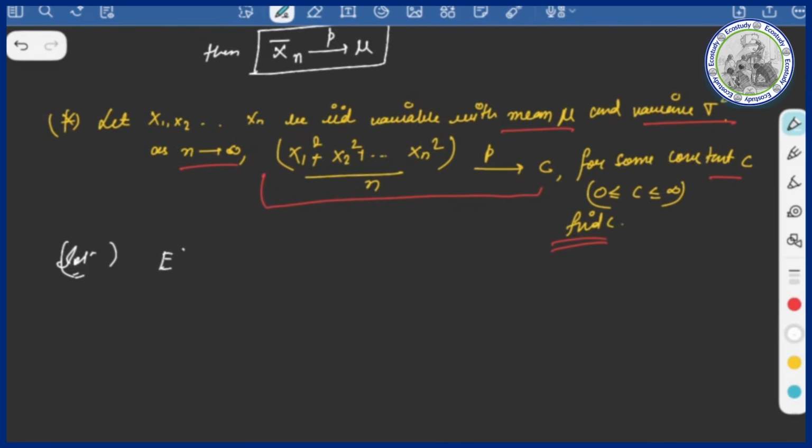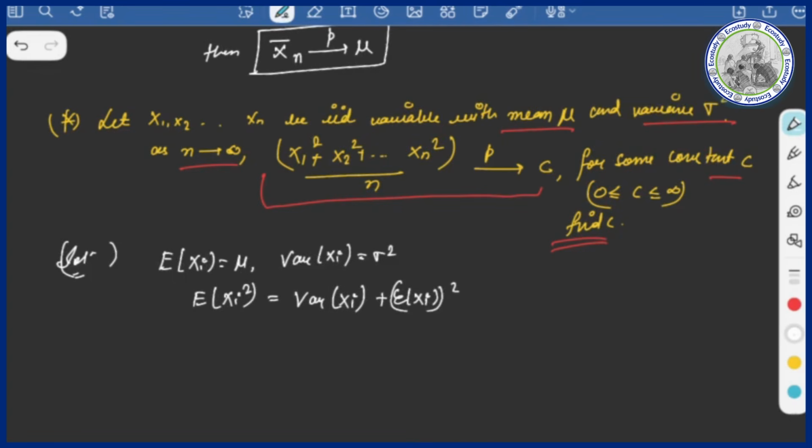We are given that expectation of Xi is equal to mu, and variance of Xi is equal to sigma square. Now what is expectation of Xi square? You calculate it with the formula: variance of Xi plus (expectation of Xi) whole square, that is sigma square plus mu square.